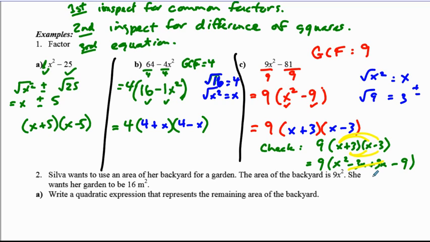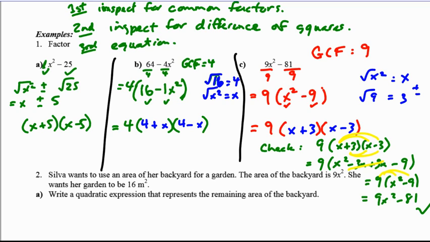What are we left with? 9 times x squared minus 9. If we were just to distribute this, we would get 9x squared, and distribute this one, we get negative 81. And that's it. It matches. So correct. Good.